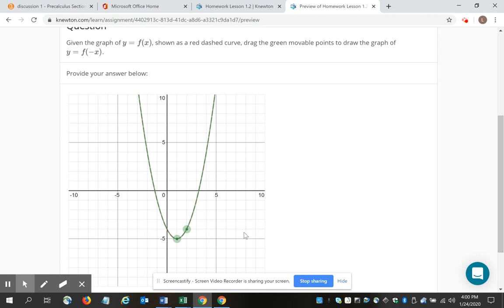And we want to do -x. Okay, so we're going to reflect on the y. Okay, so I'm at 1, -5, so it's going to go to -1, -5. I was at -2, -4, so I'm there. We should be good.